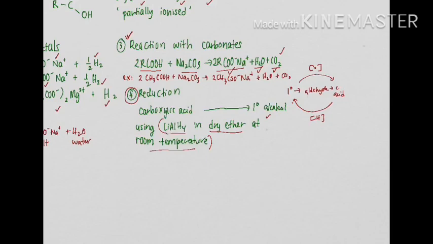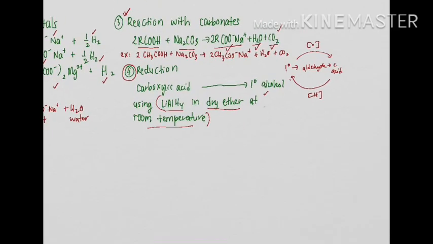Lithium tetrahydroaluminate in dry ether at room temperature will make the carboxylic acid change into primary alcohol. If I write this in the form of equations, you have a carboxylic acid, and when you react it with this reducing agent, you have CH3C, then H, and then the OH will stay.